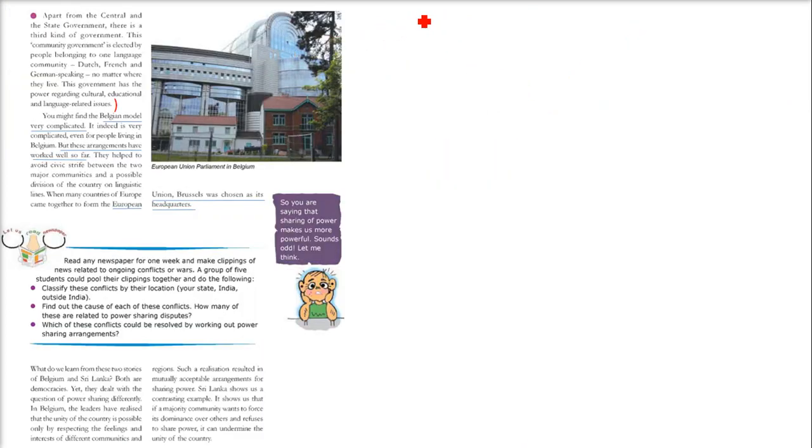One more thing happened: apart from the central government and the state government, there was a community government also. Now, community government for what? Because they were Dutch speaking, French speaking, German speaking. So these are the governments taking care of the culture of these people, the education of these people, and language related issues. So there was a third government also.